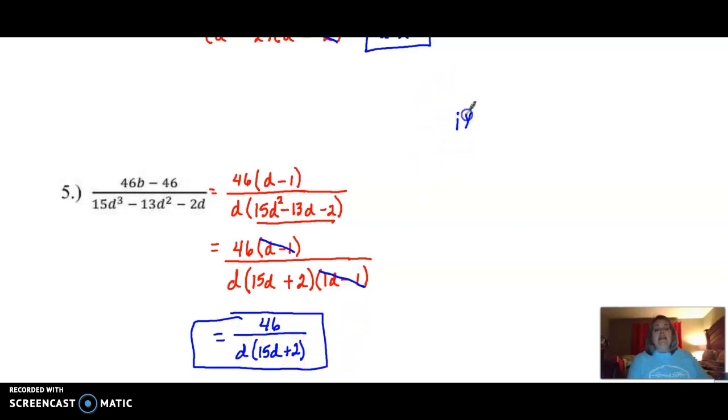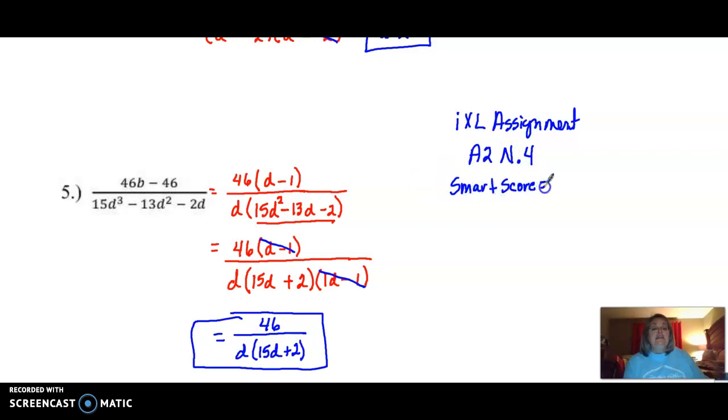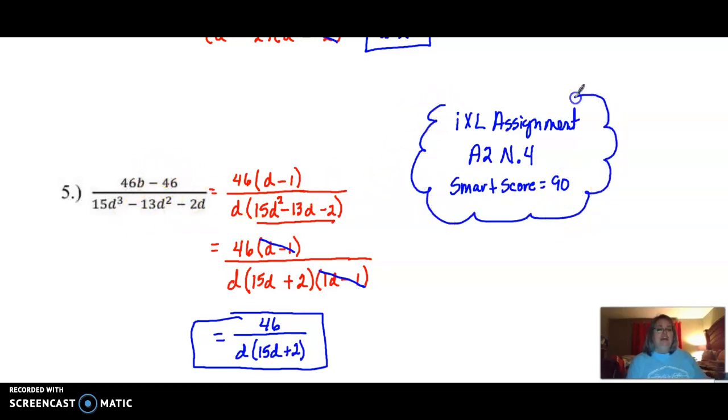So your IXL assignment for this would be A2 for Algebra 2, N.4. And this one, we're looking for a SMART score again to be 90, because you won't get to some of these ones that have factoring on the top and bottom if you cut it off before you get to 90, okay?